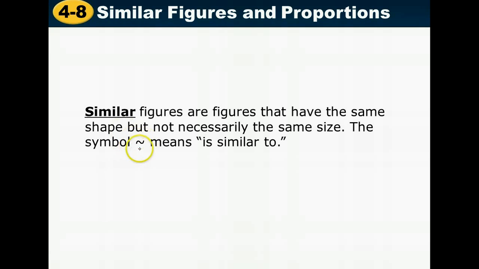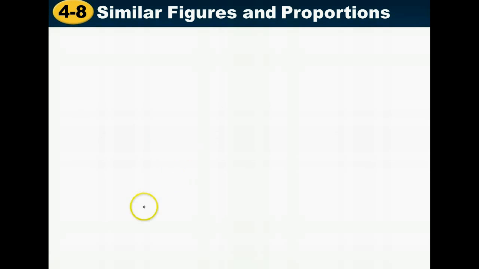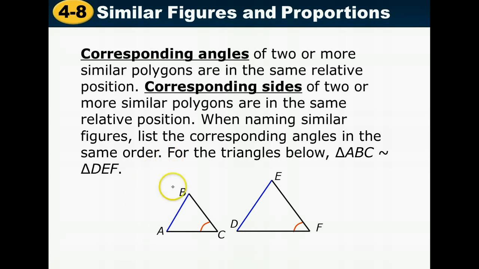Now, when you see this symbol, it means similar to. Now, these two shapes here are similar. So here you are going to have corresponding angles. Now, the corresponding angles are in the same position.